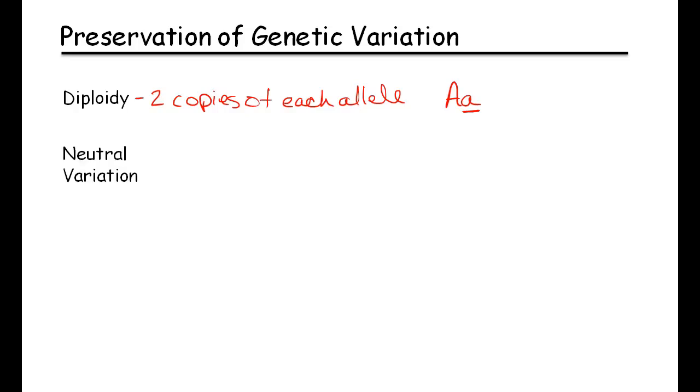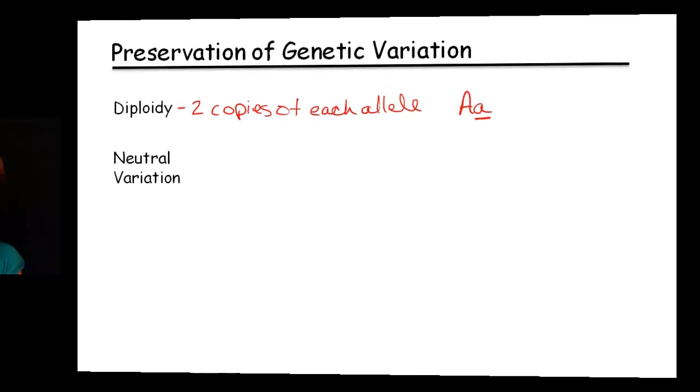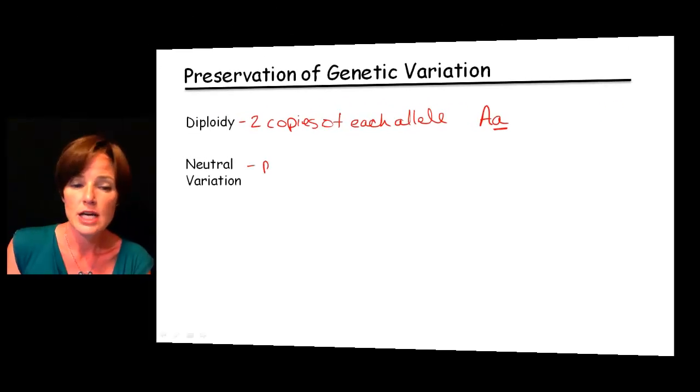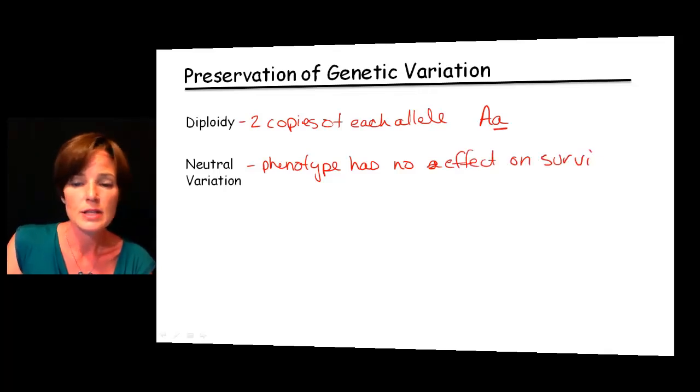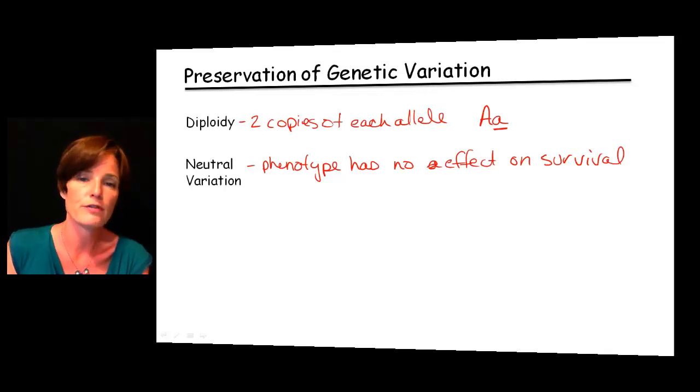We can also have what we call neutral variation. Neutral variation would be when the phenotype has no effect on survival. An example of this would be something like fingerprints. It doesn't matter what our fingerprints look like. They're all different.